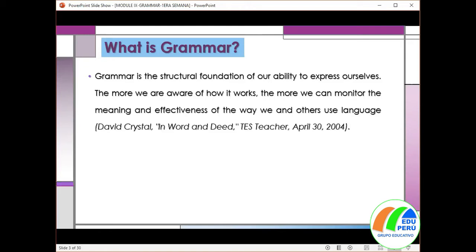So here it says, if you are aware, if you are conscious, aware is similar to conscious, of how the language works, you can monitor better, and monitor here means to check, so you can better check the meaning and effectiveness of the way we and others use the language. So this is grammar according to David Crystal: the structural foundation, and it helps us in our ability to express ourselves.